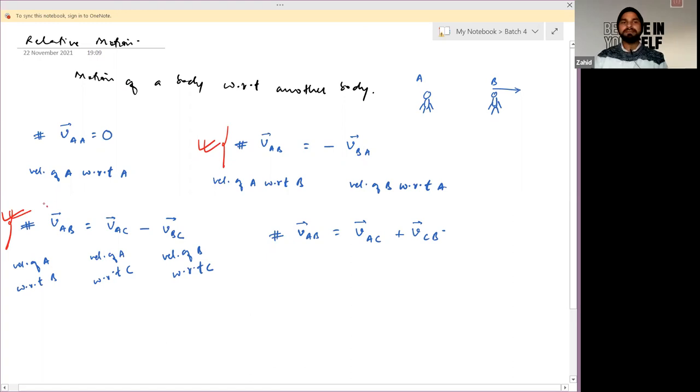Is it clear? Or do you have any doubt in these four different formulas? Yes.